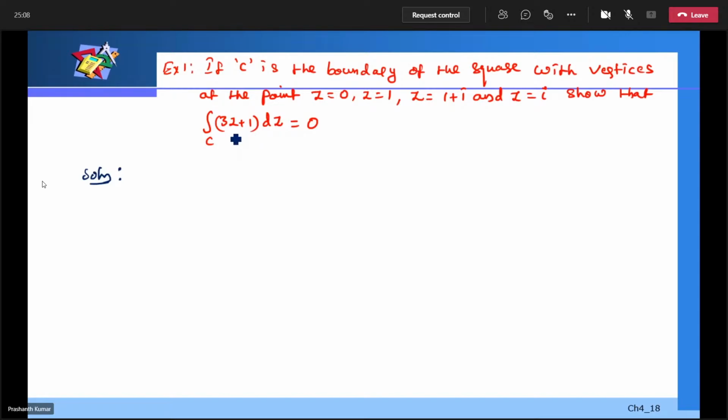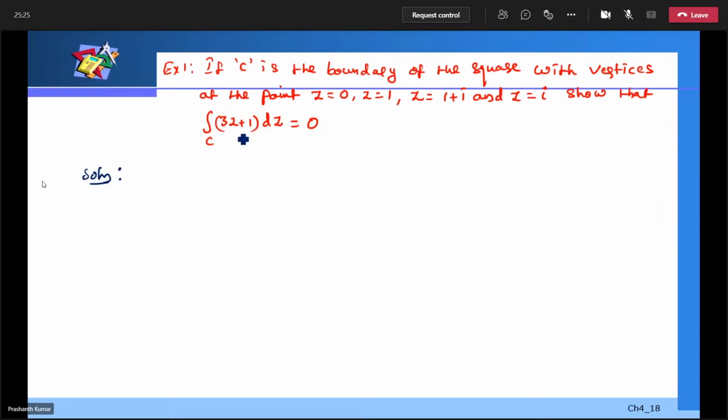So now, 3z plus 1 is an analytic function and a differentiable function. Therefore it is analytic, we are telling. It is satisfying the CR equations.